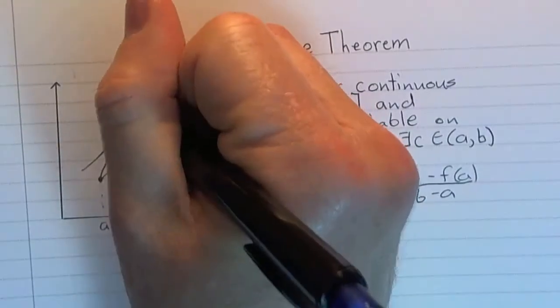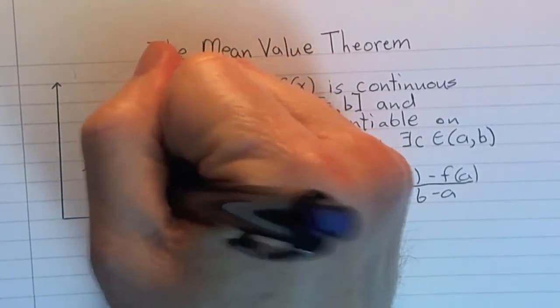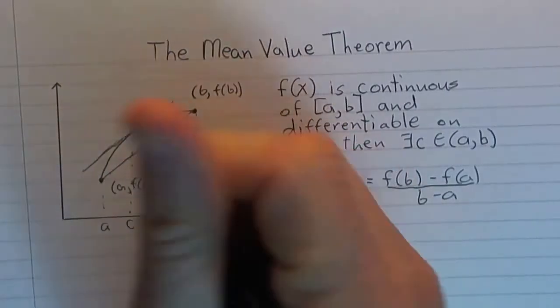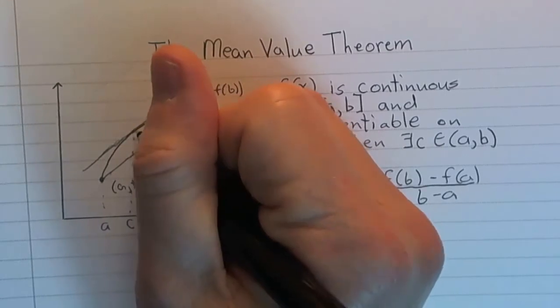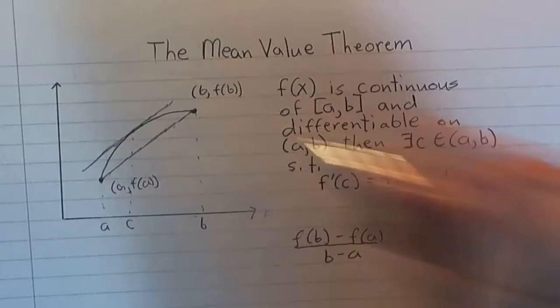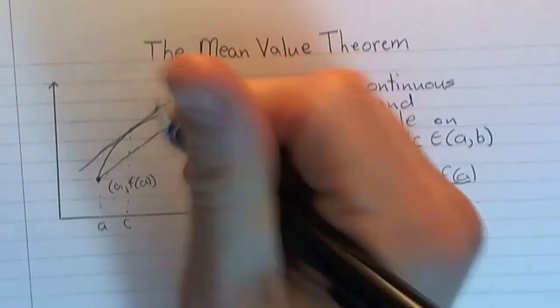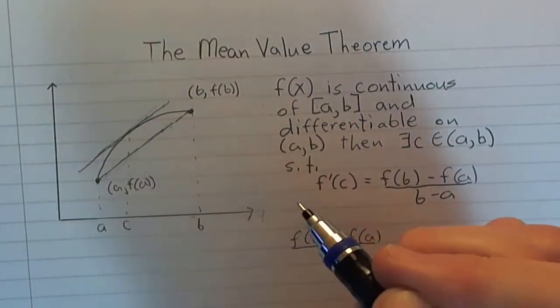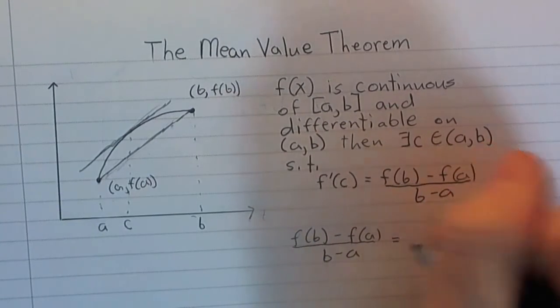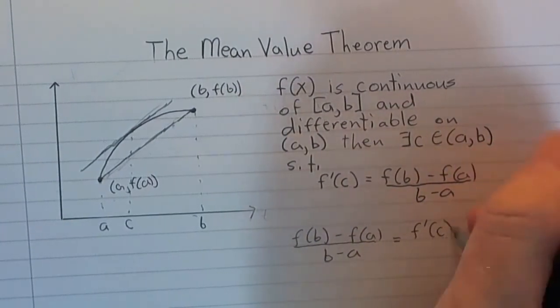There is a c such that the slope of the tangent is the same as the slope of this line. In other words, these two lines are parallel. There's a parallel tangent up there somewhere. So it tells us that there is a parallel tangent.